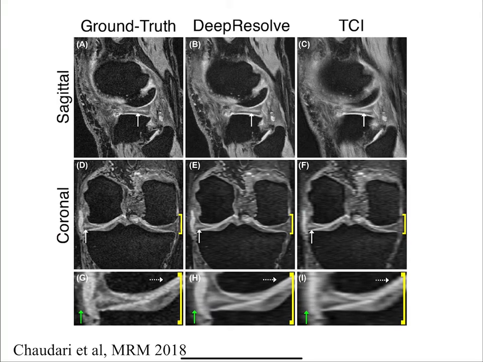And so this is the ground truth here. This is their method called DeepResolve, and this is what you get if you did the linear interpolation, which is sort of a standard approach. And you can see, these are the sagittal images and coronal images here. What they found clinically is they can actually get the information that the clinicians want and have much better image quality.